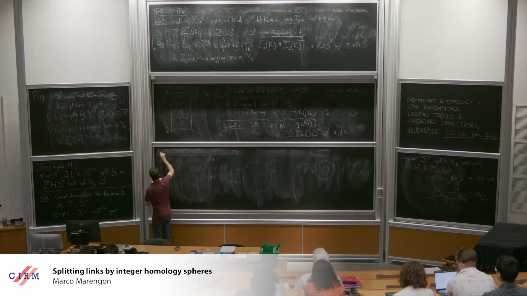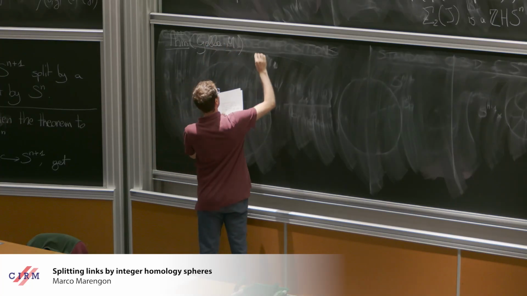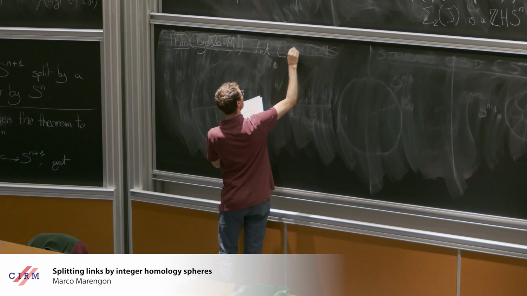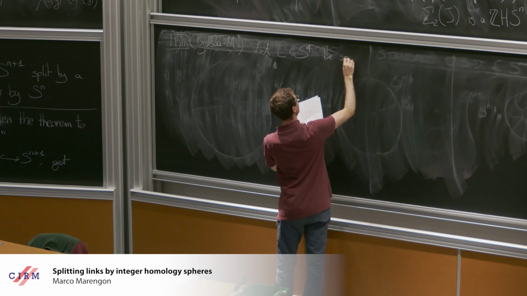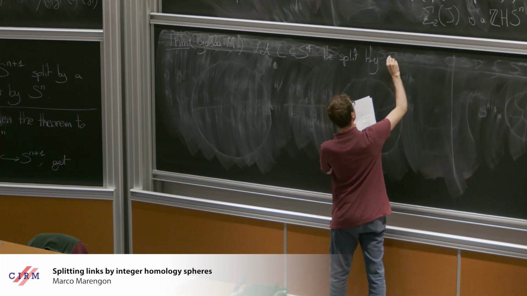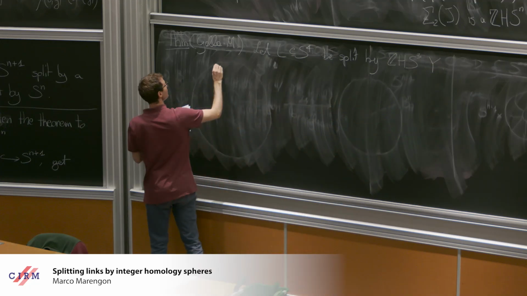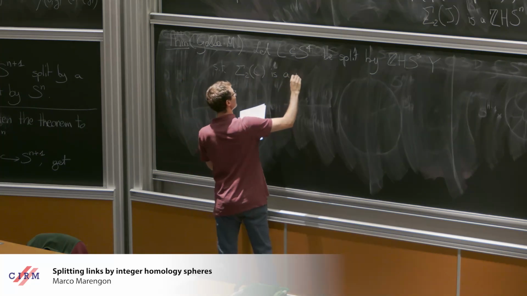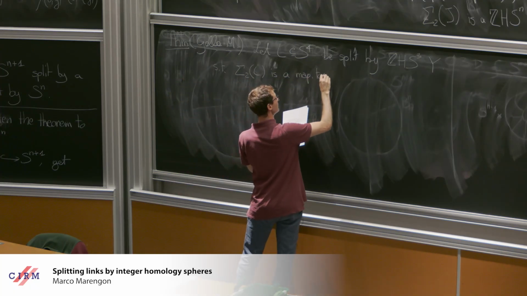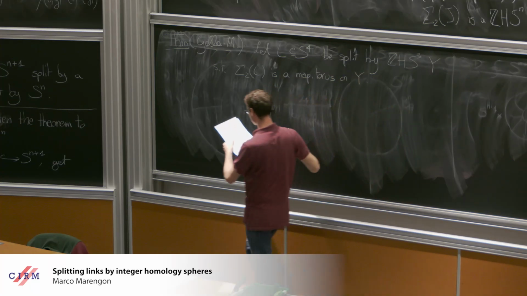Okay, so here's the theorem. Also with Marco. Suppose that L in S4 is split by an integer homology 3-sphere Y, such that sigma 2 of L is a mapping torus on Y. So we are precisely in the situation that the proposition gives us.